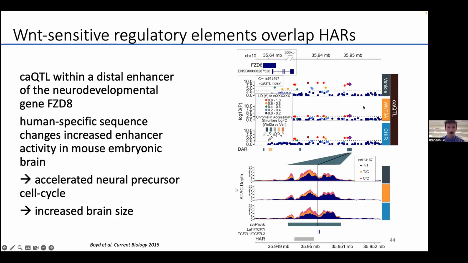So we thought this was really cool, and we can zoom in on the peak that is regulated by this variant right here, and note that it also has some of these Wnt-sensitive transcription factor binding sites within it. So yeah, really excited to see that some of these Wnt-sensitive elements may be relevant for human evolution.